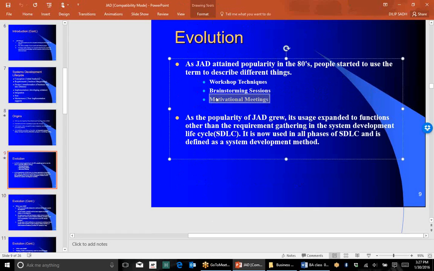So for some of those reasons, people started using JAD.